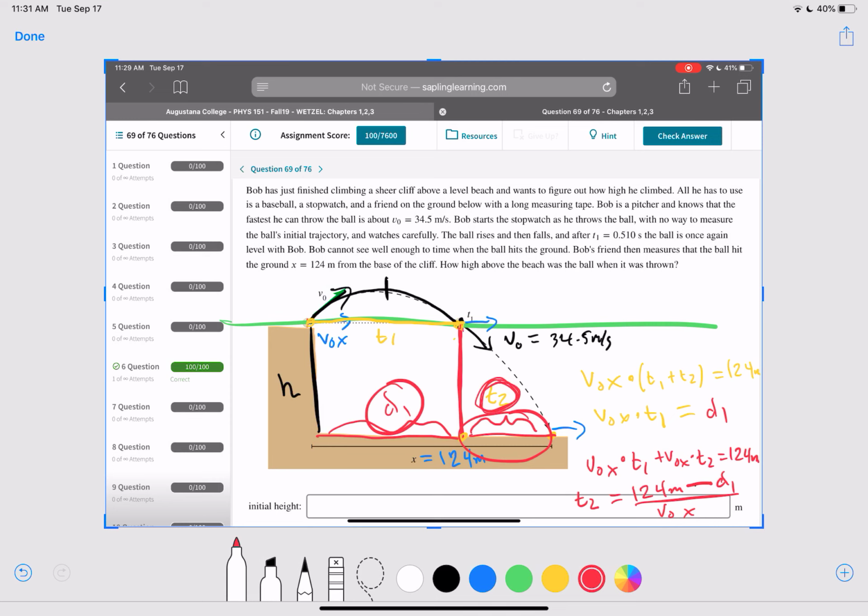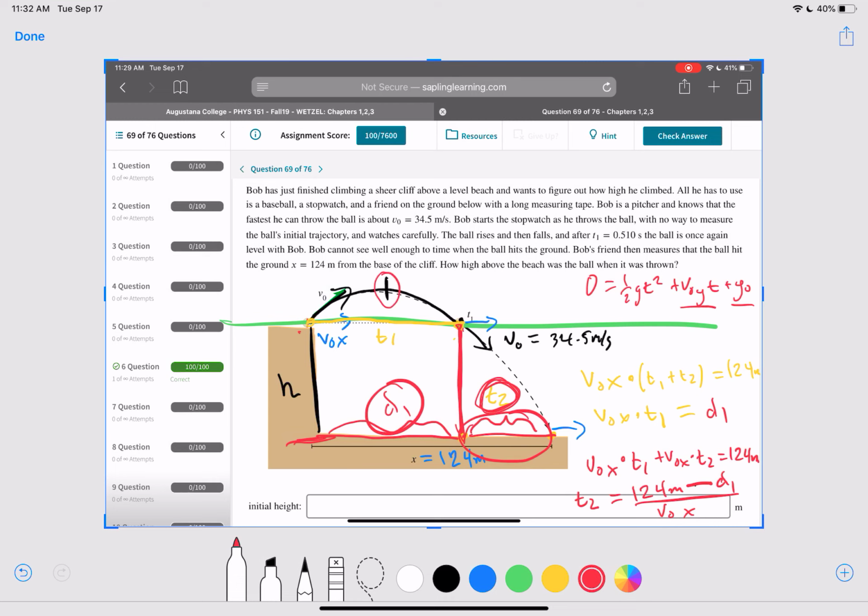Then, using that time, you use y equals 1/2 g t squared plus v0y t plus y0. Our final height here is going to be 0 because we're going to hit the ground. So you're going to solve for y0, how high you started. Then the only thing left is to figure out v0y.